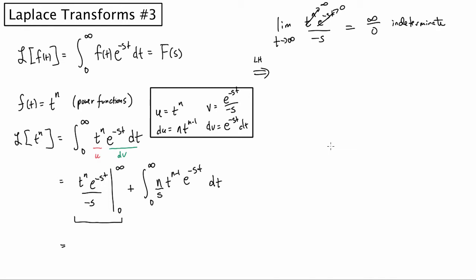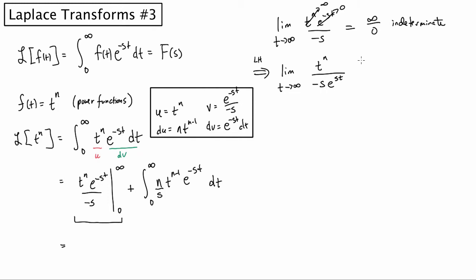Alright, so I want to think of using L'Hopital's rule on this, and the idea is I would be looking at the limit as t goes to infinity of, and I need to have it in the form infinity over 0, so the best way to do that is keep the t to the n in the top, and then we would have minus s e to the, well, when you bring e to the minus st down, it's e to the st down here.